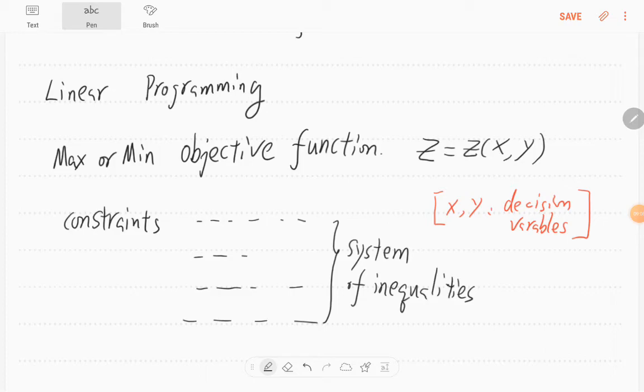In the previous section, we learned how to find the solution region for a system of linear inequalities. This region is called the feasible region.